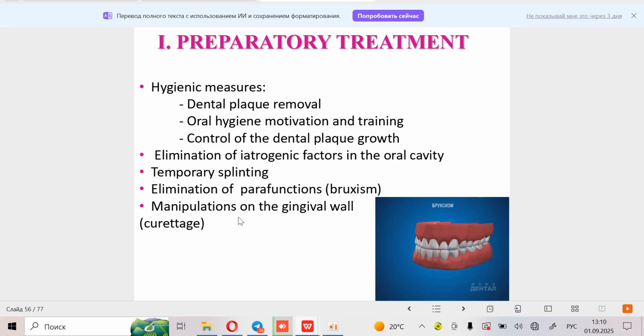The first stage of planning is preparatory treatment. The plan of treating periodontal diseases is developed after initial or preparatory treatment.